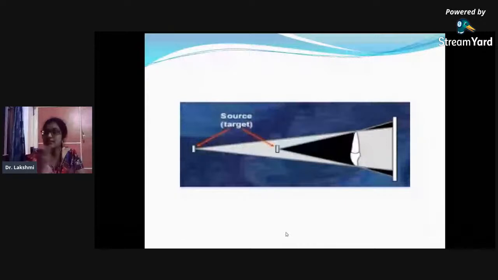Here they have shown 2 things, placed over here as well as over here. If you look at the first tooth over here, this is where the X-ray is coming.